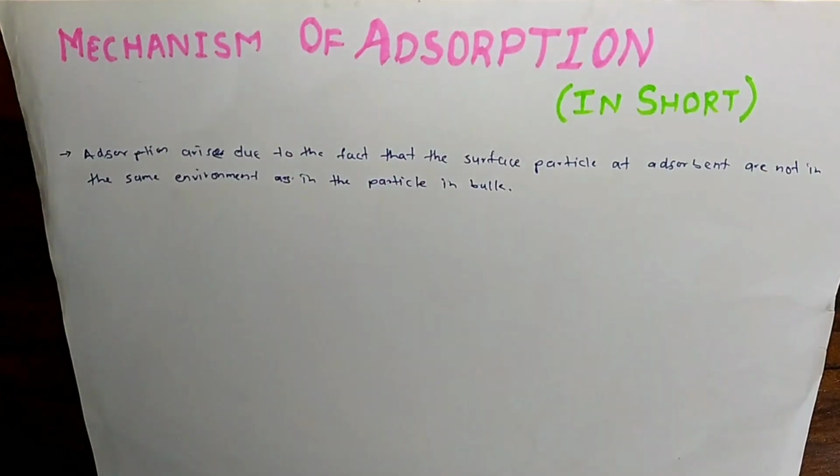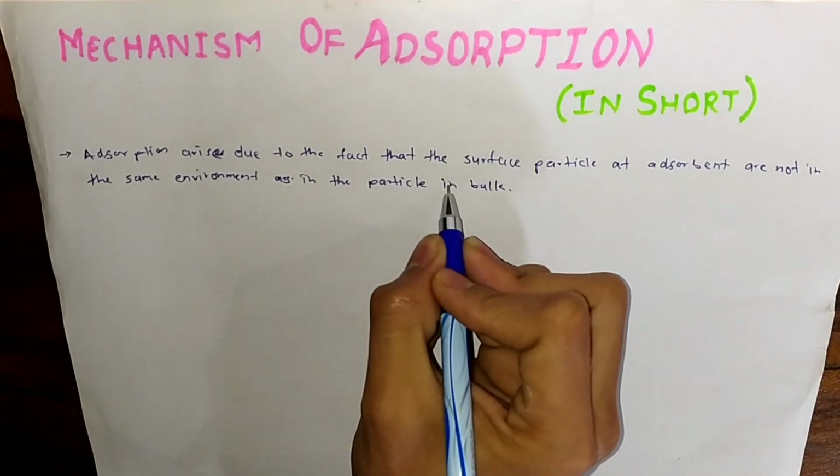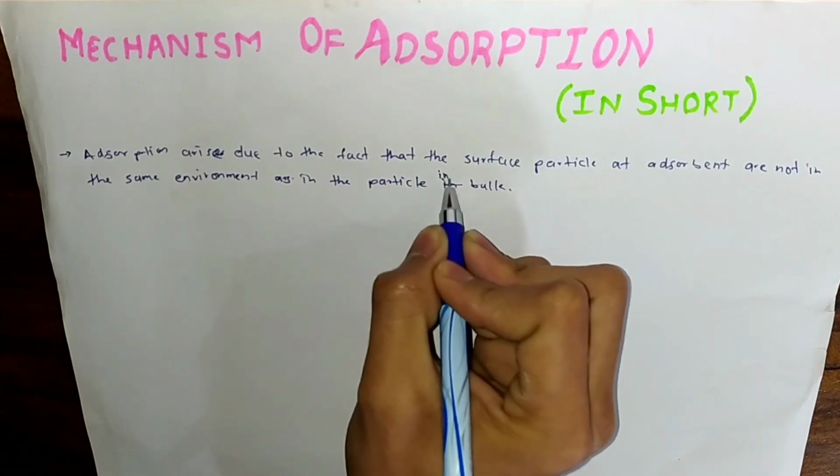Adsorption arises due to the fact that the surface particles of the adsorbent are not in the same environment as the particles in the bulk. We will see why adsorption occurs with the help of diagrams.